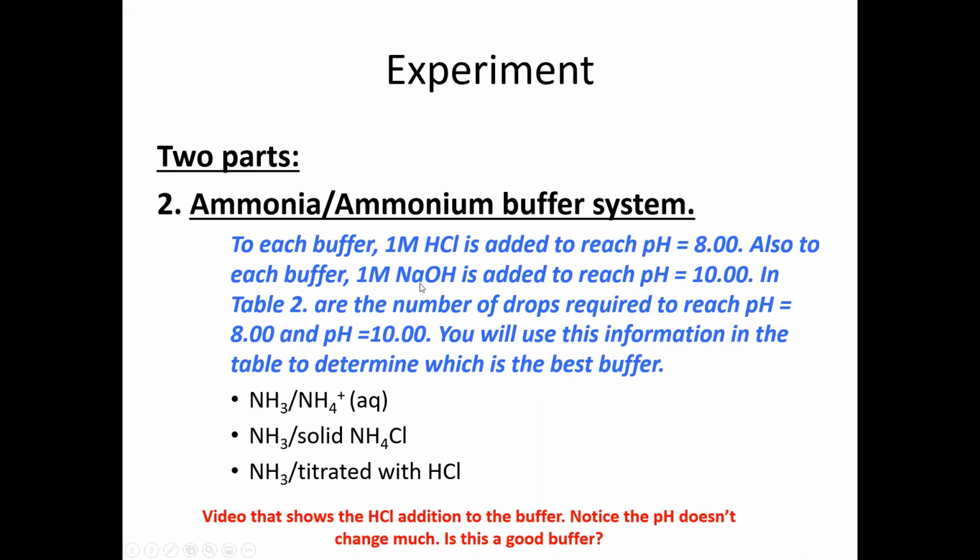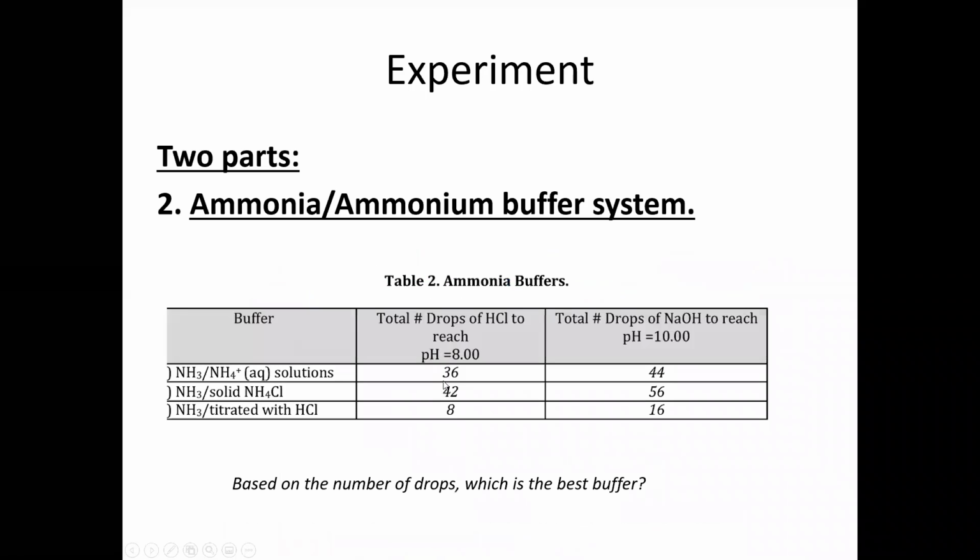And for each buffer, we will also add sodium hydroxide to reach a pH of 10.00. And in the next table, I'll show you how many drops. That's how many drops are needed for that buffer to reach a particular pH.